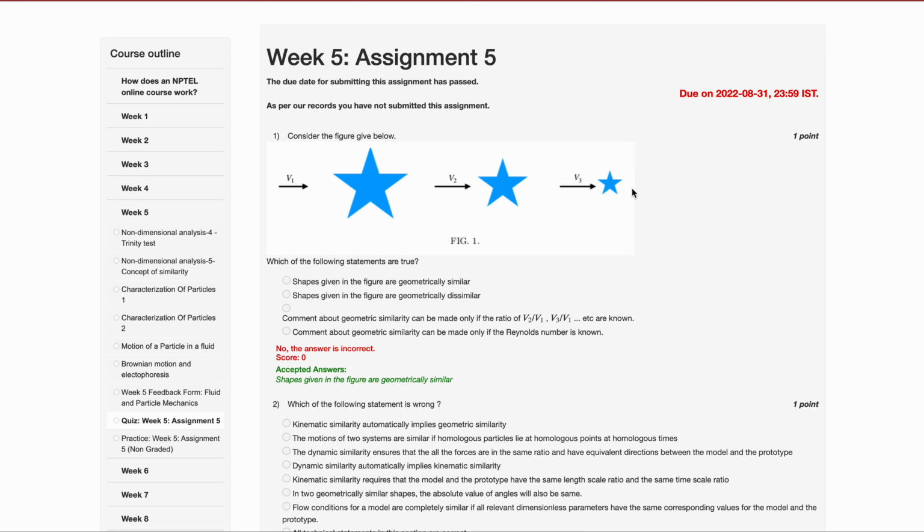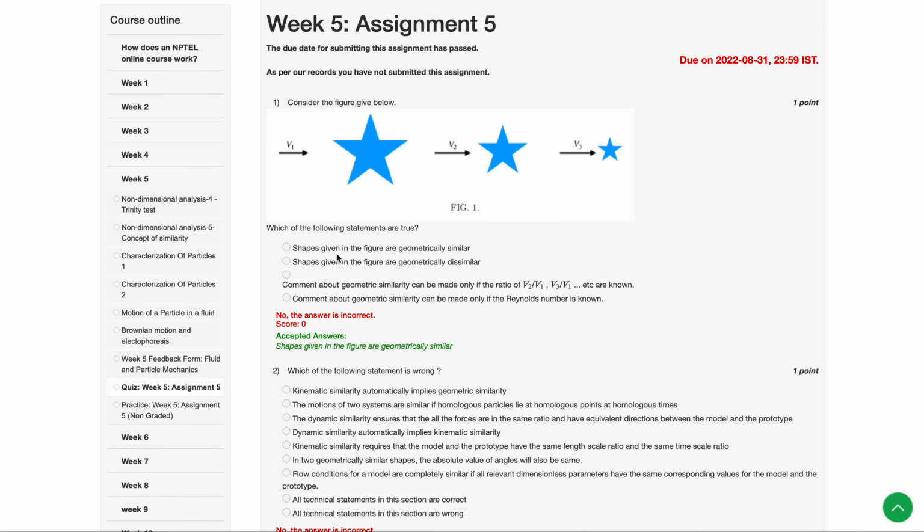That means the ratio as we go from left to right, from this to this, is equal to the ratio from this to this in terms of their dimension.